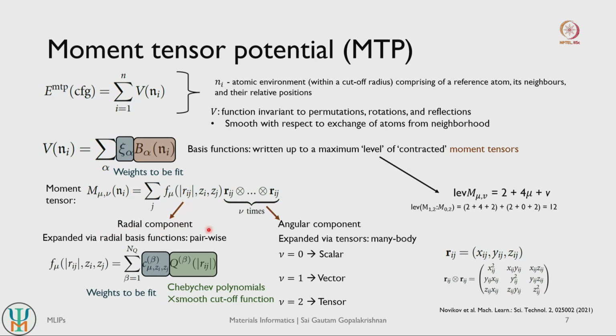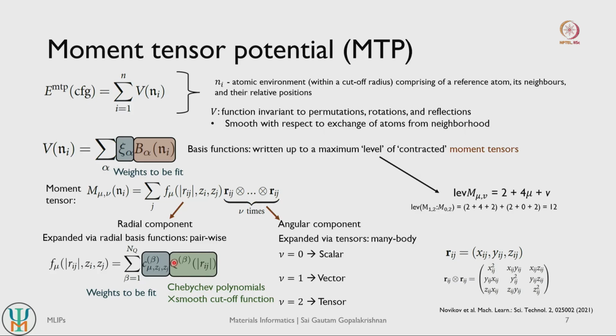The way we typically write this radial component is to expand it using a Chebyshev polynomial basis set. You may have a discrete number of bonds, a discrete number of Rij's. We are projecting those Rij's as a continuous function, a summation of Chebyshev polynomials.